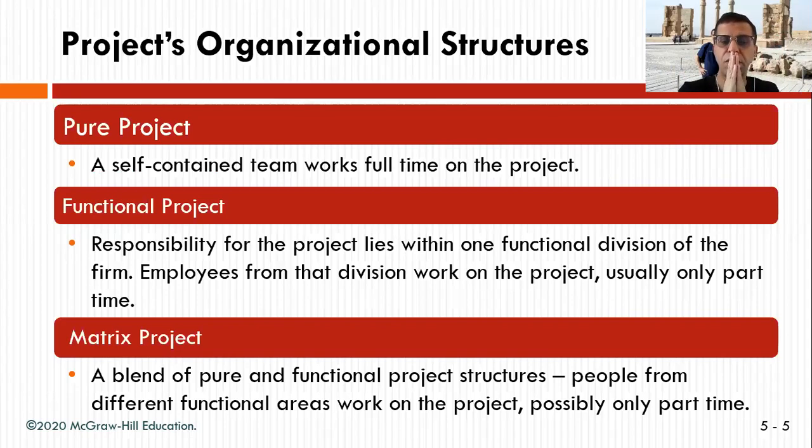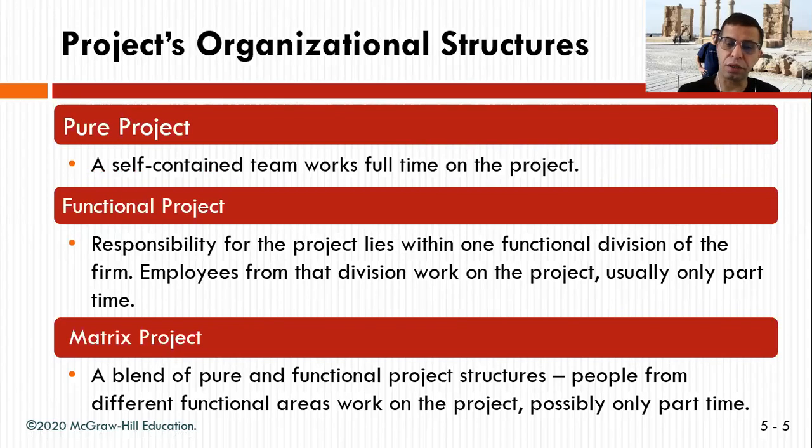And then you get the functional project, where responsibility for the project lies within a functional division of the firm, for example HR, which is the implementation of HR software. Employees from that division work on the project, usually only part-time.